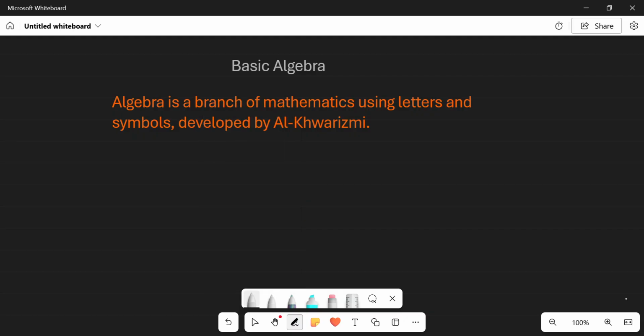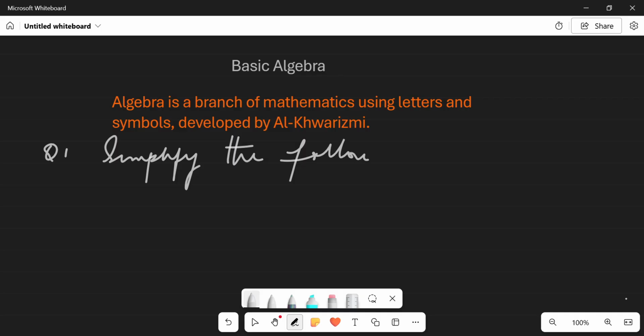Question number one, students, is: simplify the following expressions. As I told you in class, what is the meaning of expressions?